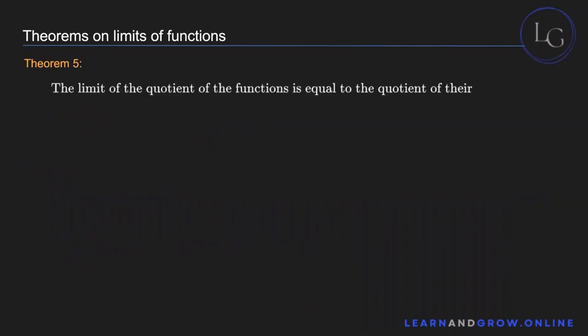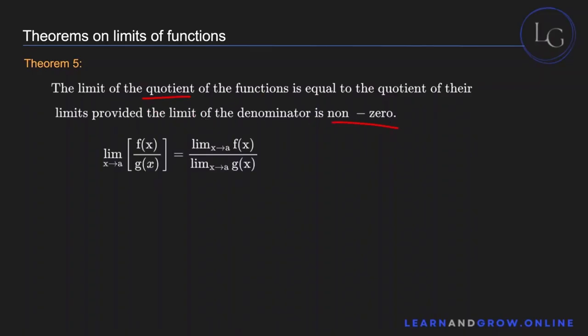The fifth theorem states that the limit of the quotient of the functions is equal to the quotient of their limits, provided that the limit of the denominator is non-zero. See here, basically the limit of f of x over g of x as x approaches a is equal to the limit of f of x divided by the limit of g of x.